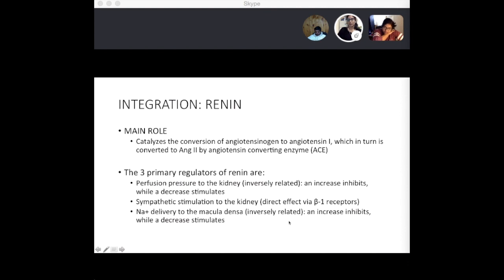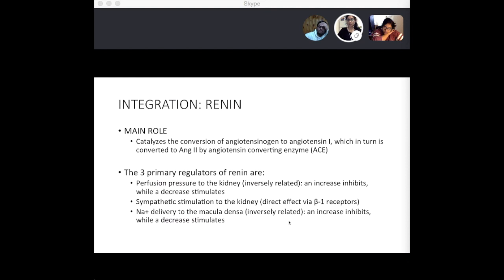So if sodium is high, then we know water follows sodium. So that most likely means that we have an increased blood pressure. So it's going to inhibit the release of renin from further increase of blood pressure, because the RAS axis, if you will, causes release of aldosterone, and aldosterone is increasing blood pressure, and we don't want that because we already have increased blood pressure, most likely.